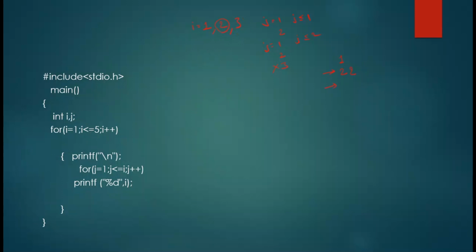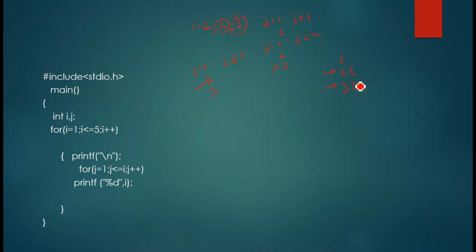It will go to the new line character. Now j will be modified as j equal to 1 to j less than or equal to 3. So 1 less than or equal to 3 is true. It will print I. But what is I in this case? 3. So it will print 3. j becomes 2. 2 less than or equal to 3, true. One more time it will print 3. Then j will be incremented by 1. So j will become 3. 3 less than or equal to 3 is again true.